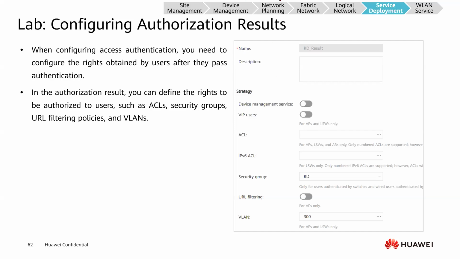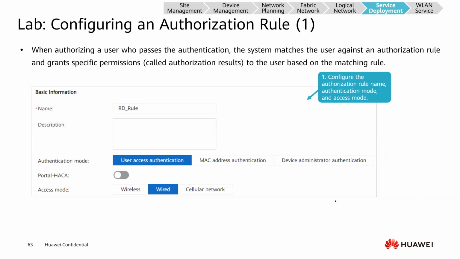The result means when the users successfully go through the authentication, they will get the access rights, such as the ACL, the security group, or the VLANs. And in our experiment, we use the security group and the service VLANs, because the VLANs are dynamic VLANs authorized to the users. So we will use these two parameters to authorize the users.